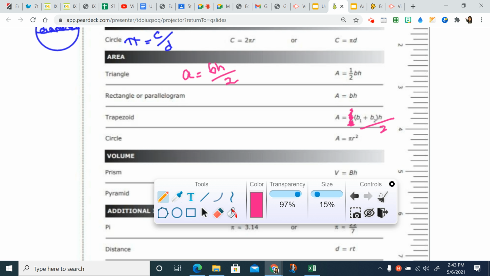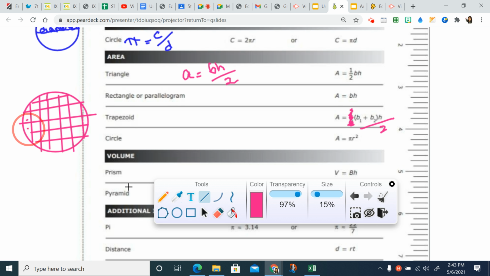Then finally under area, we have the area of a circle. Remember, area means how many squares are inside a shape. They want to know how many squares are inside the circle. We did an investigation where we found the exact formula for how many squares are inside a circle.